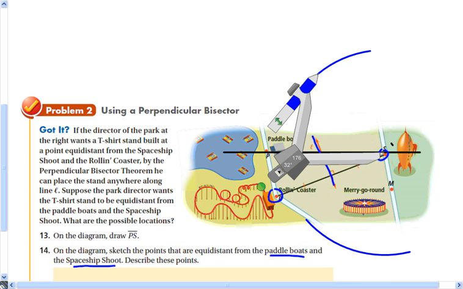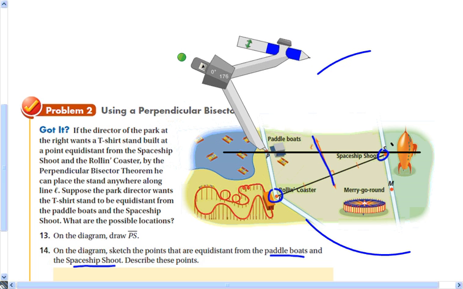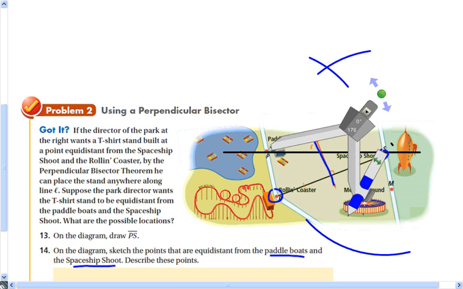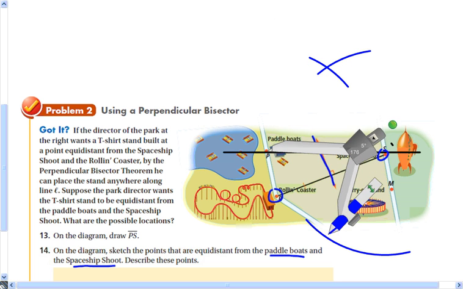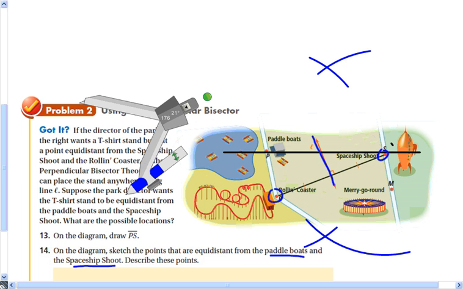That line. Switch sides. Draw that line. That line. And then we're going to take a straight edge, draw a line from there to there.